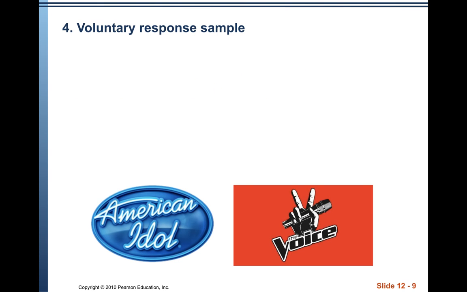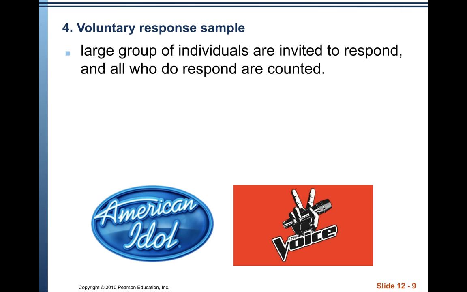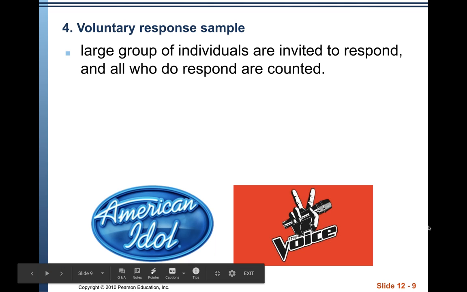The next one is a voluntary response sample. And that is what it says in the name. In a voluntary response sample, a large group of individuals are invited to respond, and all who do respond are counted. If you look at the bottom of the slide here, you notice I put the logos for American Idol and The Voice.